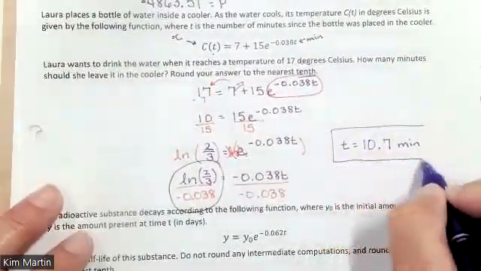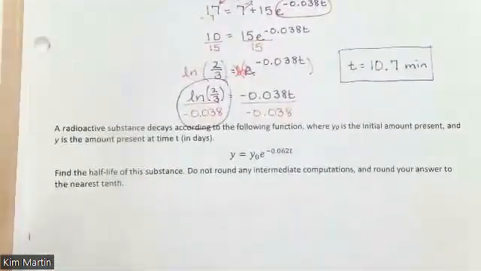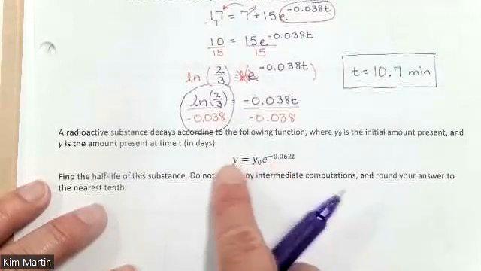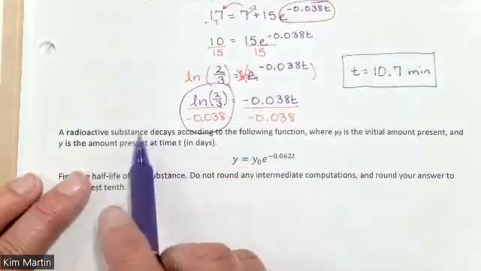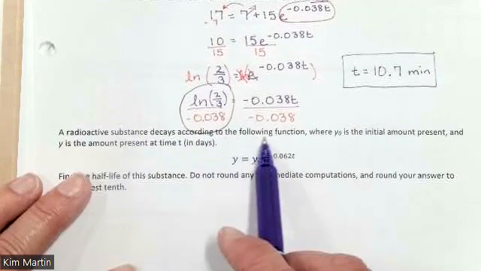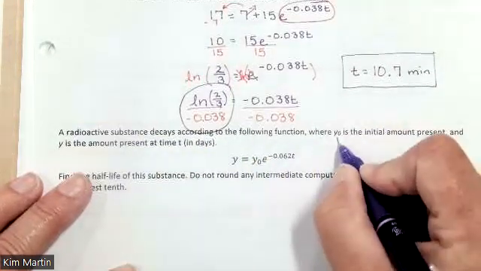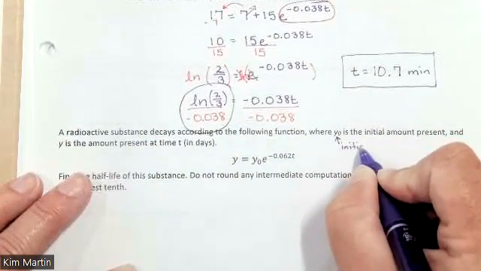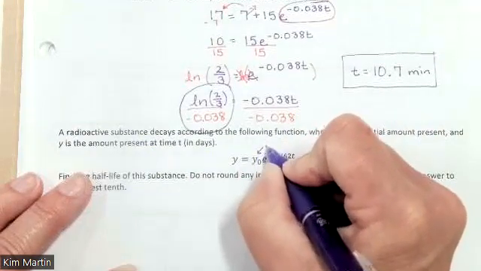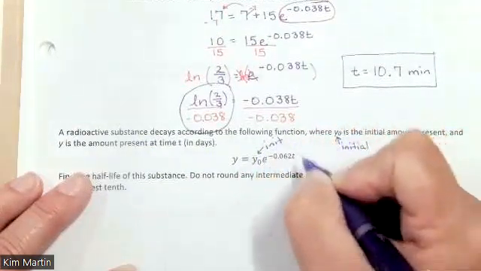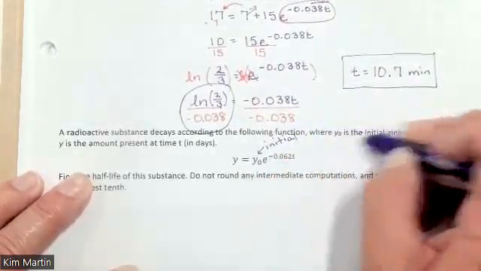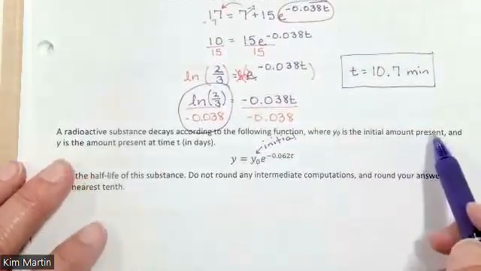Now, this next problem is going to be really weird for you. So when you go to Alex and you work on it, take this out, okay? They give you this formula right here. A radioactive substance decays according to the following function, where the y sub 0 is our initial amount present.